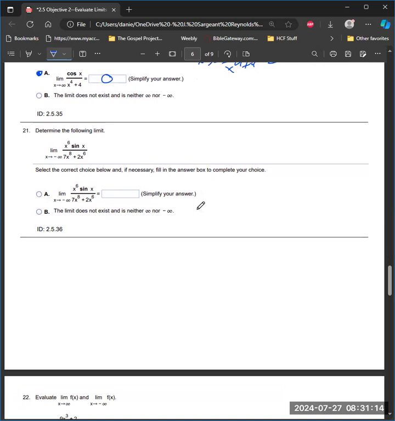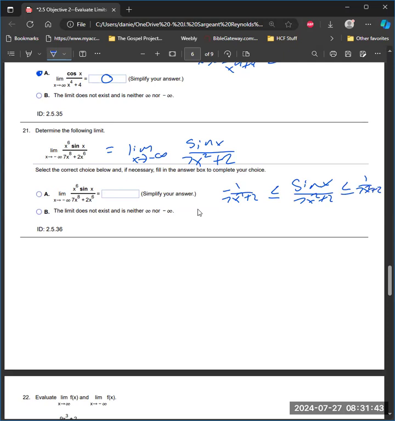Let's get rid of the x to the sixth here in the numerator. Make this the limit as x goes to -infinity of sine x over 7x to the second plus 2. And then I'm going to say sine of x over 7x to the second plus 2 has to stay between -1 over 7x to the second plus 2 and a +1 over 7x to the second plus 2.